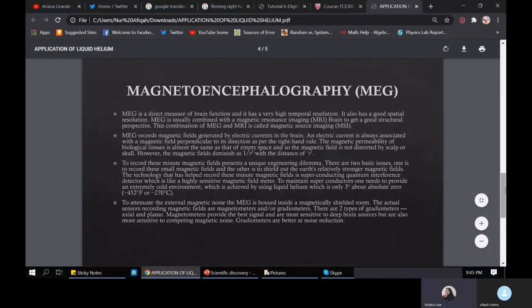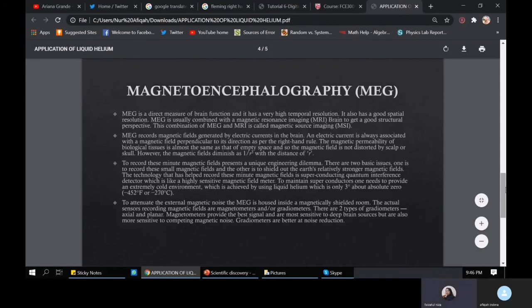To maintain this superconductor, one needs an extremely cold environment, which is provided by liquid helium, only about 3 degrees Celsius from absolute zero, which is negative 452 Fahrenheit or negative 270 Celsius.